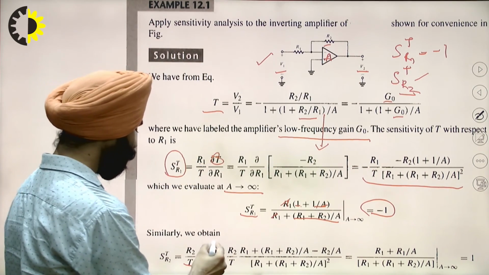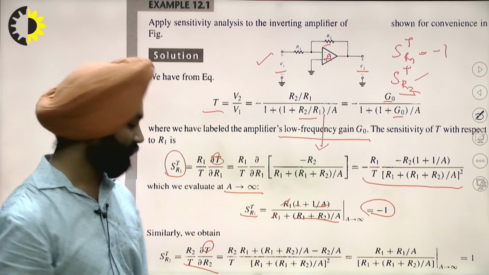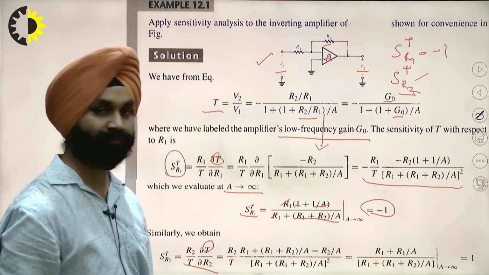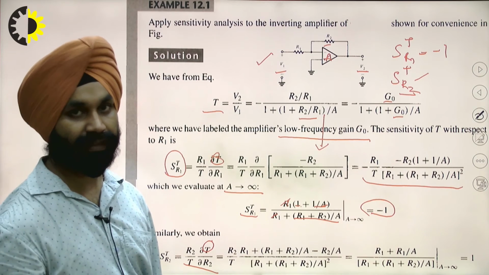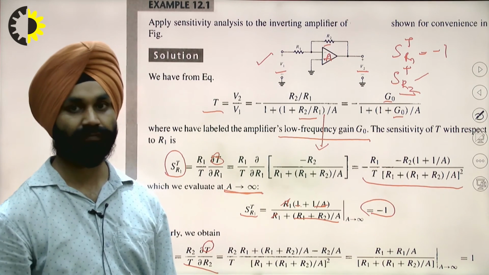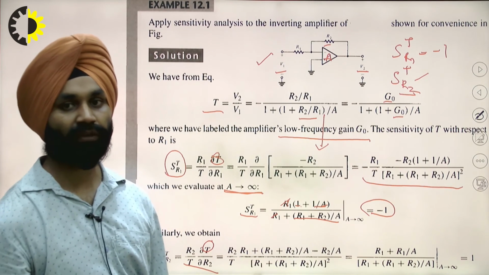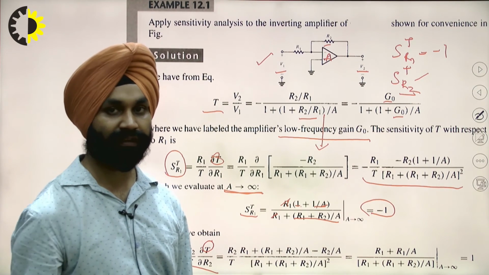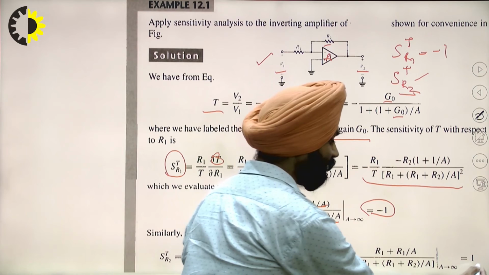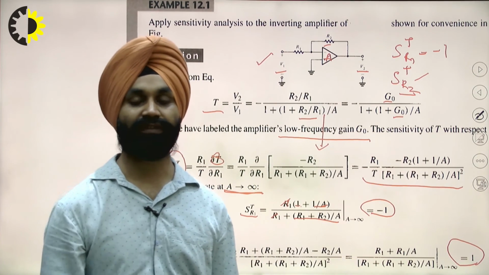Putting the value of T from this equation and taking the derivative, then assuming that alpha is infinite, there are calculations I'm not going through, but we can calculate it to find the result as 1. So now the result is 1.